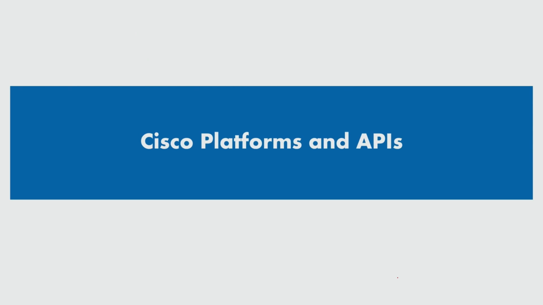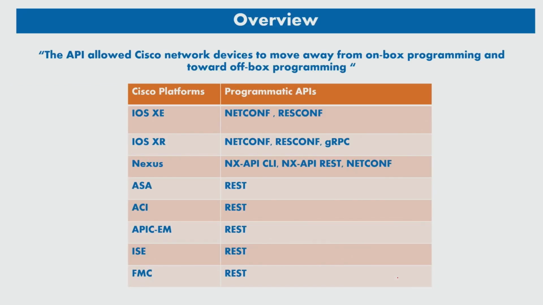Now let's talk about Cisco platforms and APIs. So here, right, the API allowed Cisco network devices to move away from on-box programming and toward off-box programming, right? So as you will see, the table below lists the various Cisco platforms and APIs that go with them.